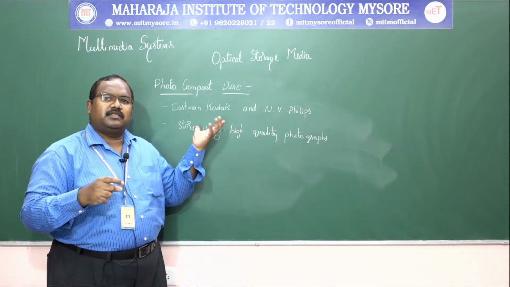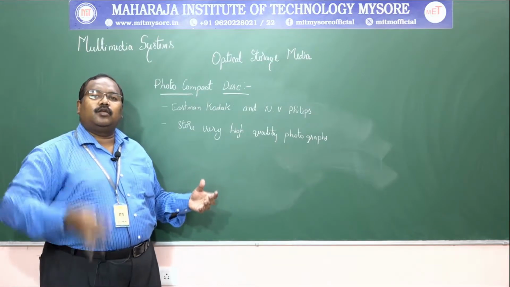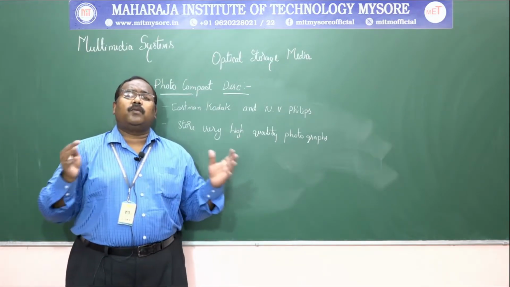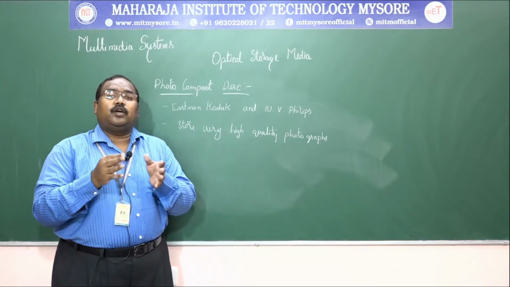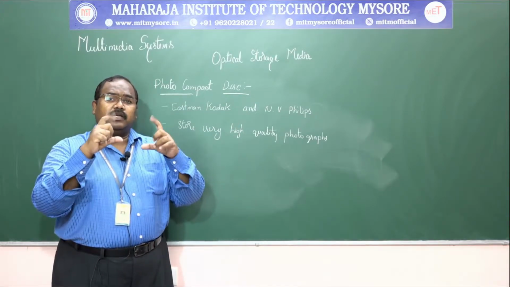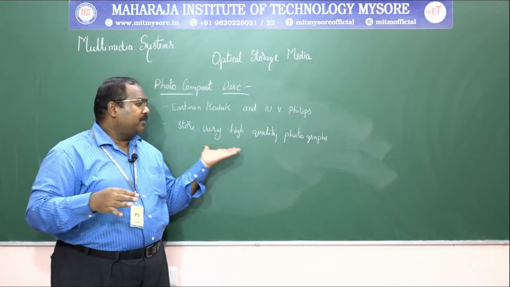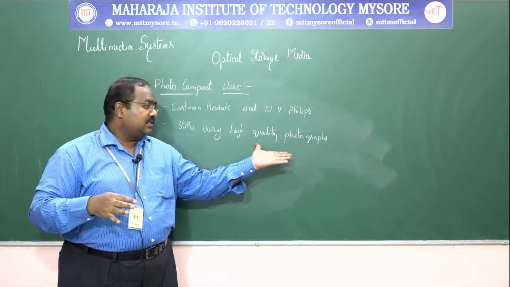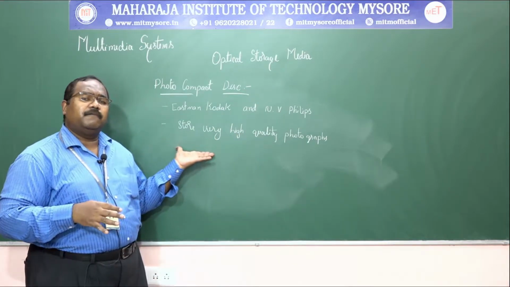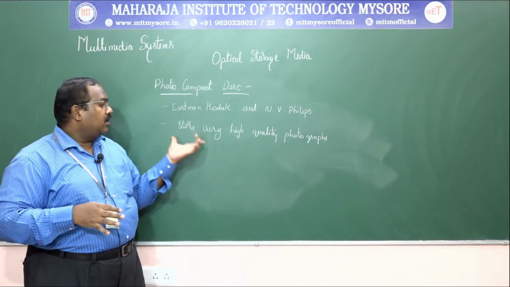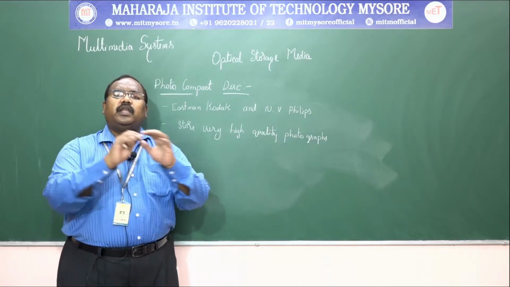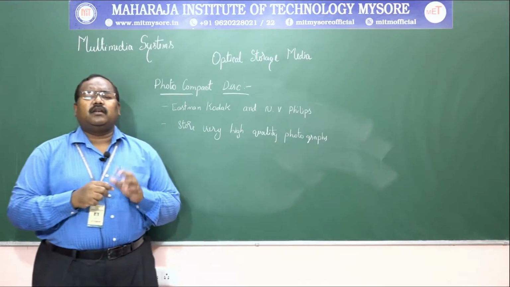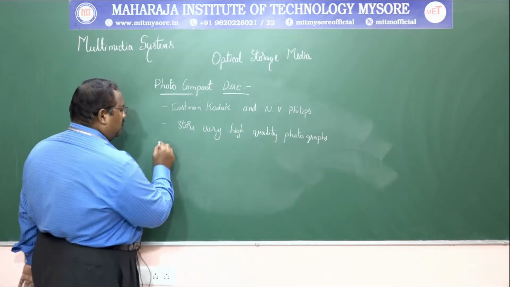The same technology was extended throughout the world. The photo compact disc technology became so popular that it was also incorporated in films, devices and everywhere. The main intention of this technology was to provide huge storage for very high quality photographs.